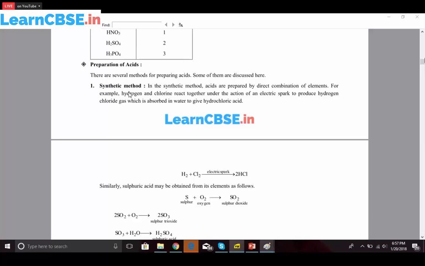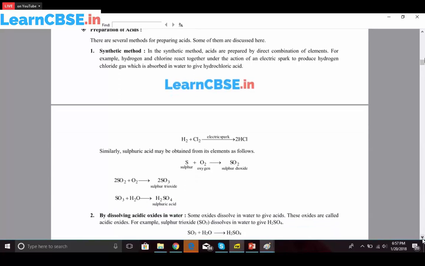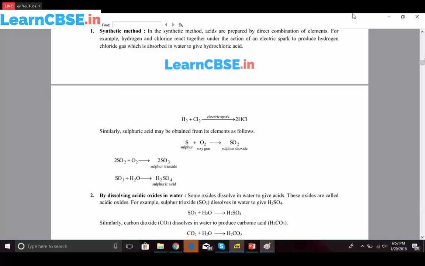Similarly, sulfuric acid may also be obtained from the following elements. For sulfuric acid preparation, sulfur plus oxygen gives sulfur dioxide. We get the sulfur from fossil fuels, where it is present as an impurity.